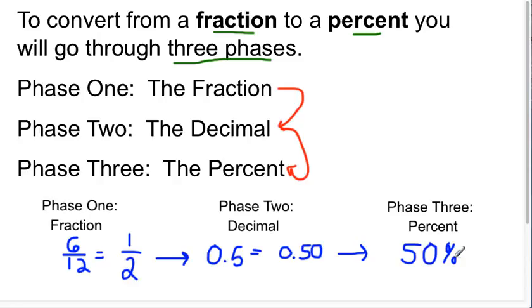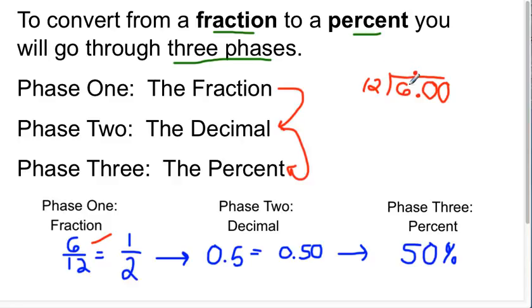The one thing that you do want to keep in mind is that if you have a fraction such as 6/12, you can right away determine the decimal by taking your top term and dividing it by your bottom term. Remember, you're going to have to provide a decimal point and then annex some zeros. When you're doing percents, you want to at least annex 2 zeros, because you're going to be dividing out to the hundredths.